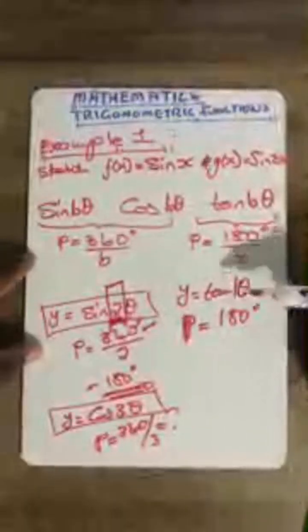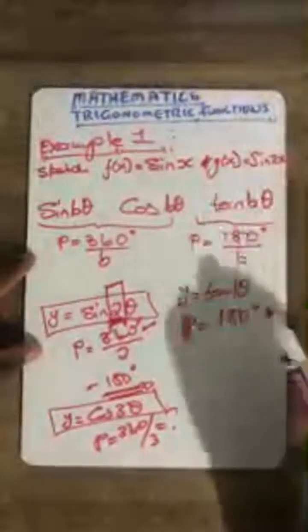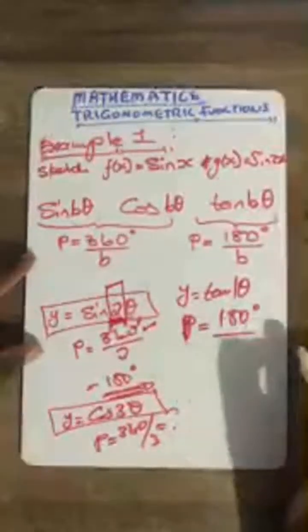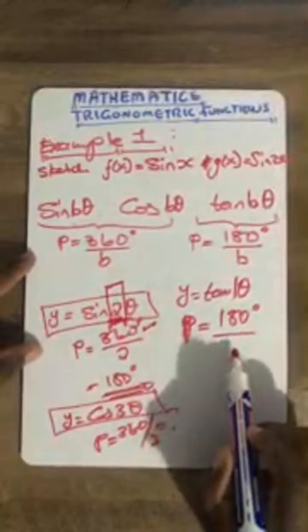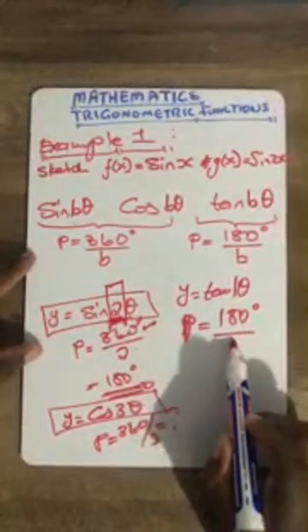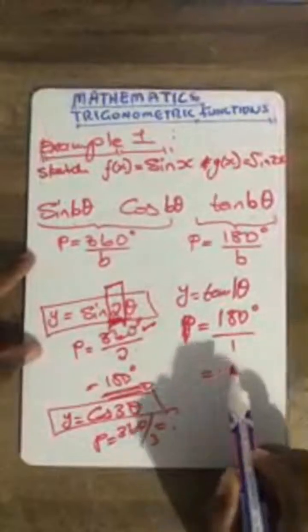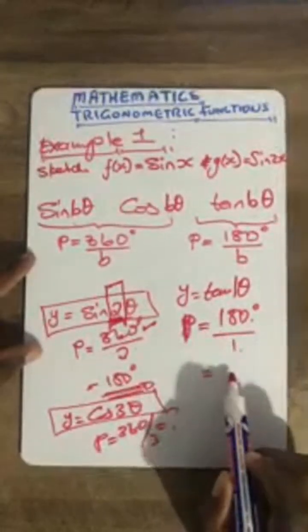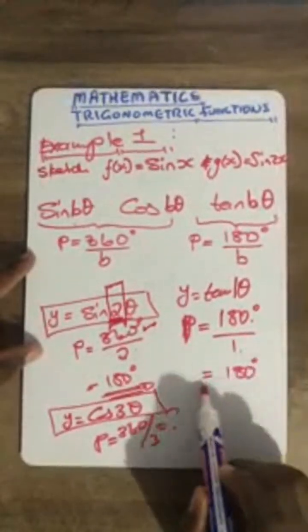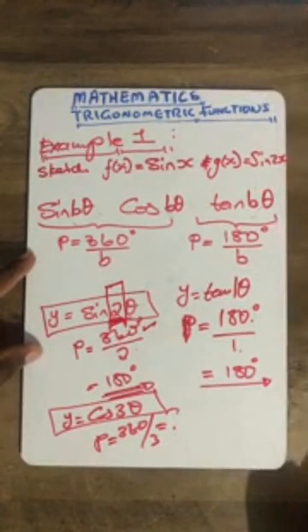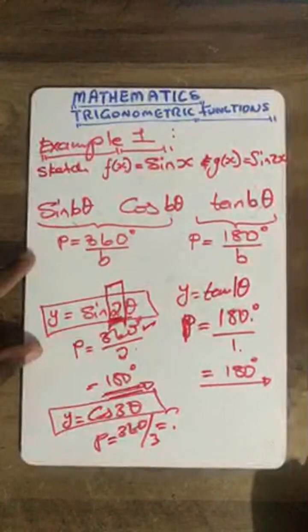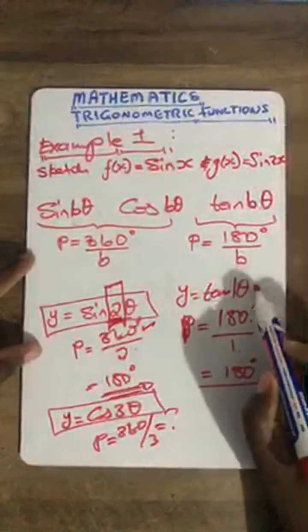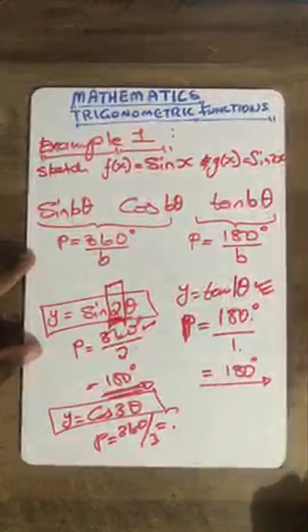If it's nothing, you know it is an invisible 1. So you divide that by 1. So 180 divided by 1 is equal to 180. That is the period for that function.